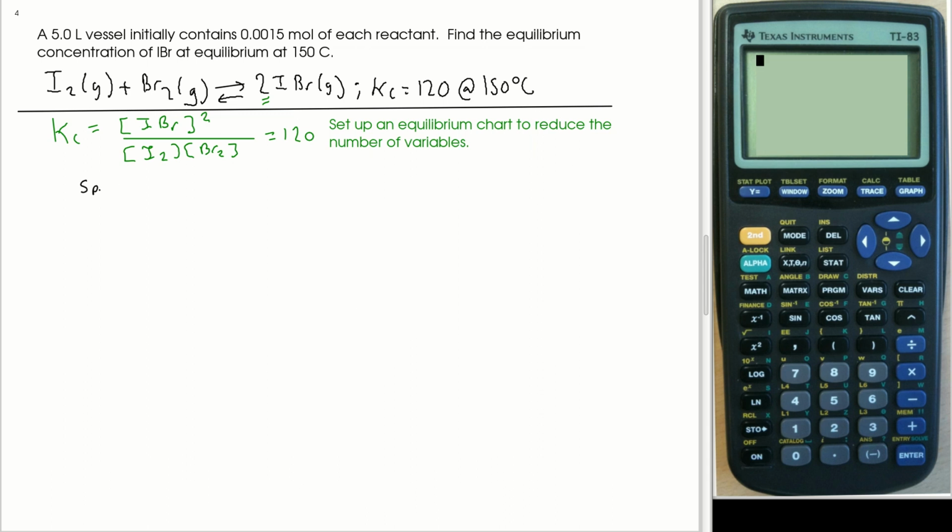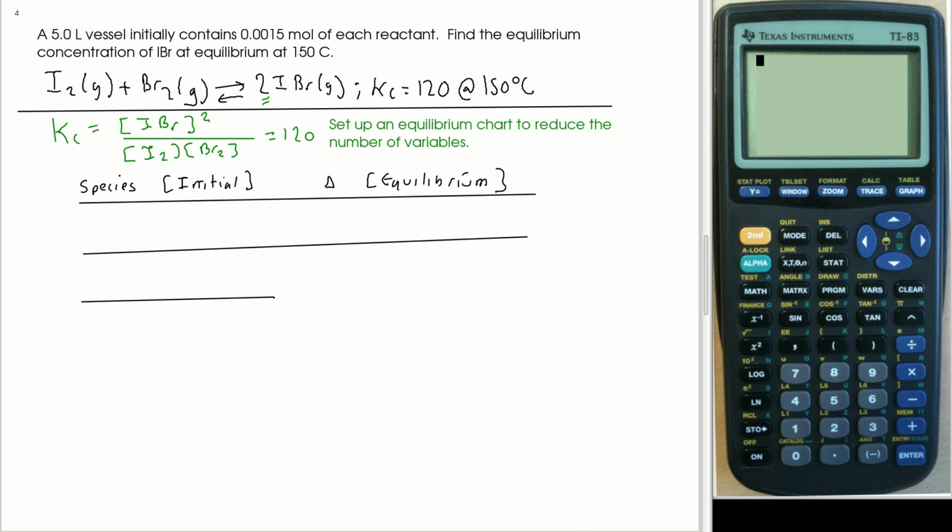So we're going to have species. There'll be 3 of them here. We will have initial concentrations. We will have change. And we will have equilibrium concentrations. So we will need 3 rows.